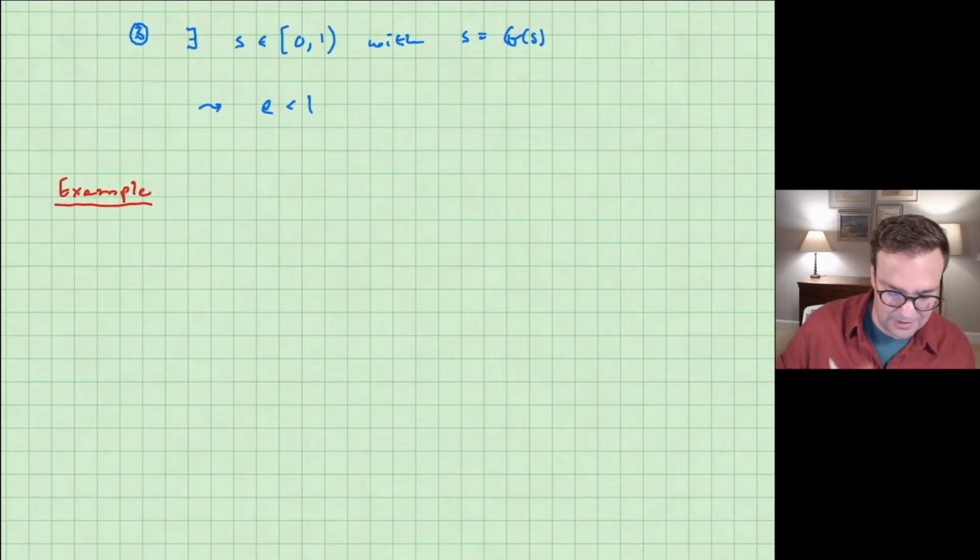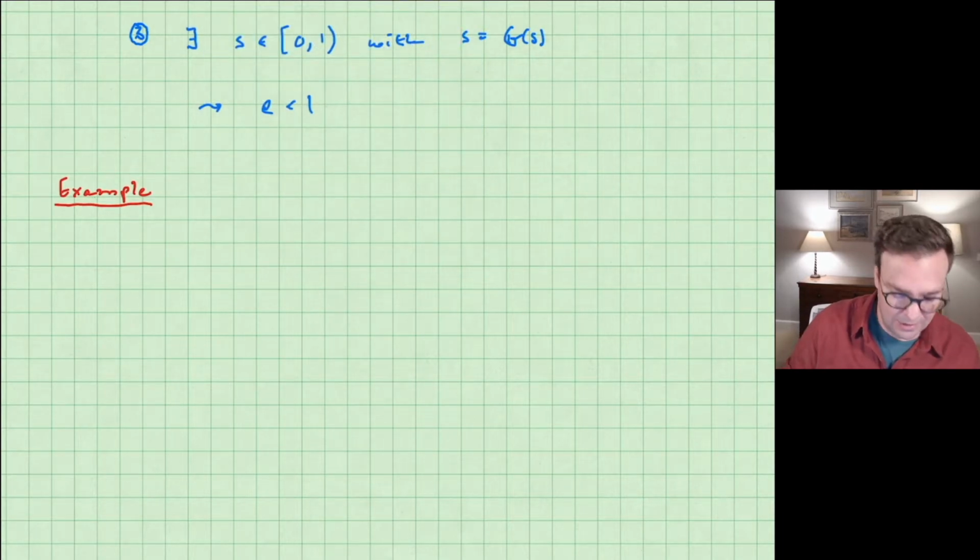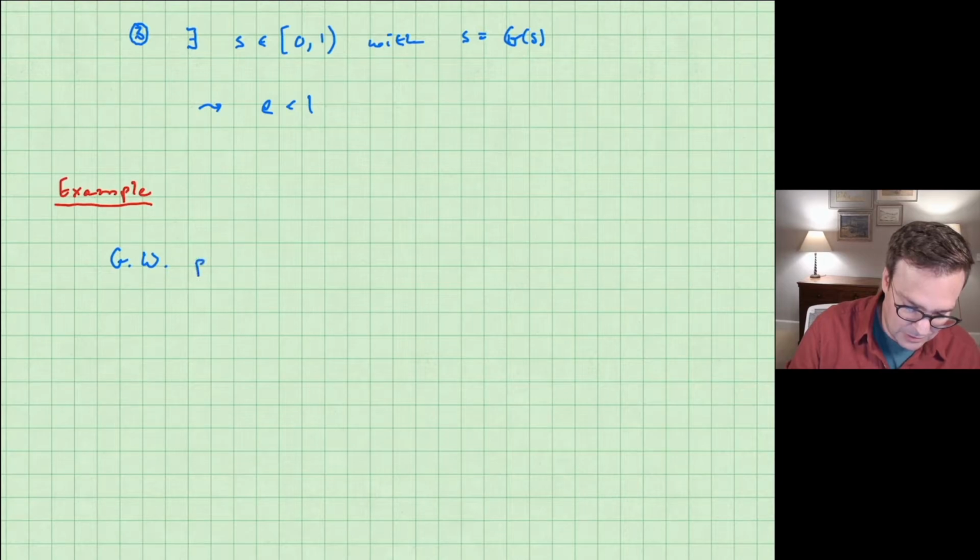But okay, so the idea that we're going to try here is we're going to invent a funny scenario. This is going to be a Galton-Watson process, and it's going to start with a population of 1. So X0 is equal to 1.